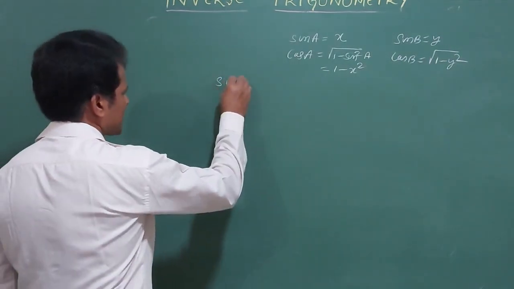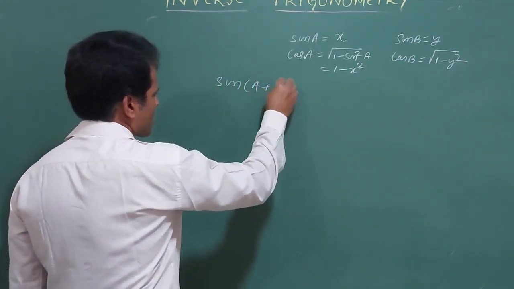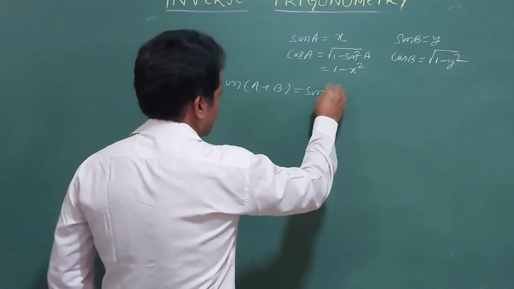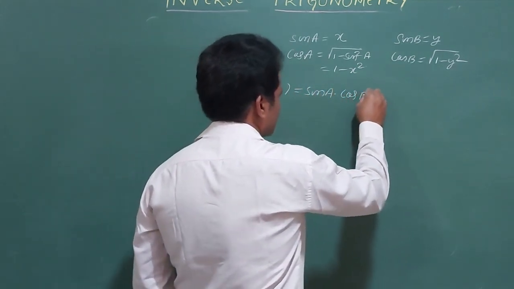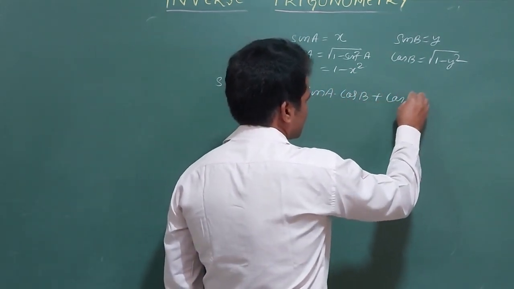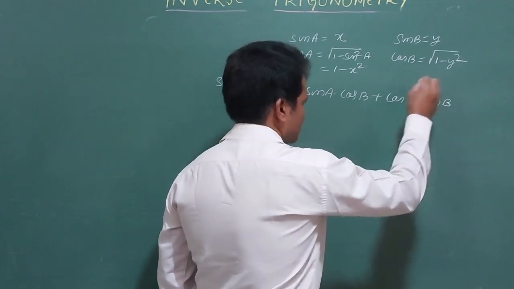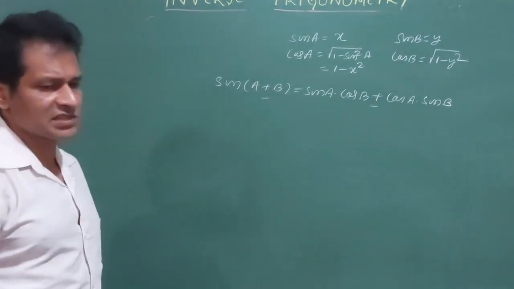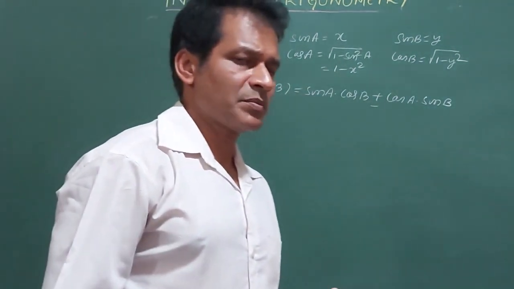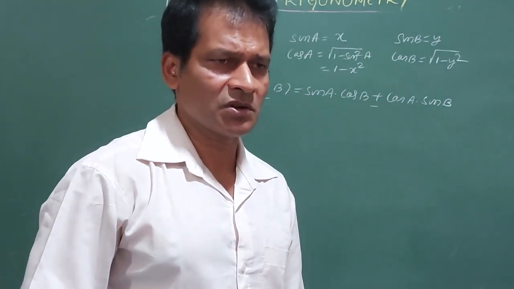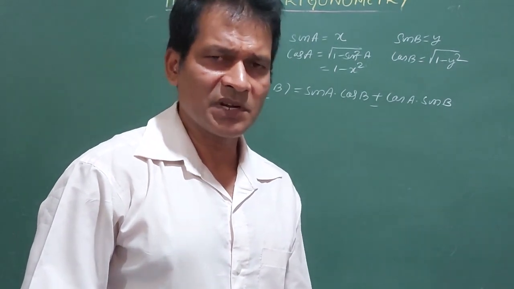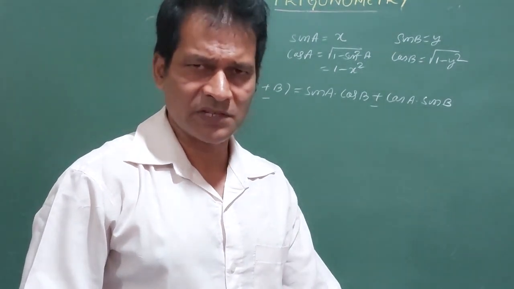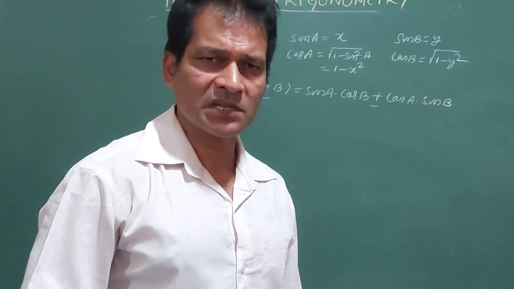You know the formula of sin A plus B: sin A into cos B plus cos A into sin B. For minus, this becomes minus. So how simple the formulas are. We should not panic because we know the basics. 11 formulas we know. It is just 30 minutes of work. You will practice once or twice the way I am giving you. That's all. The formulas will be lifelong.